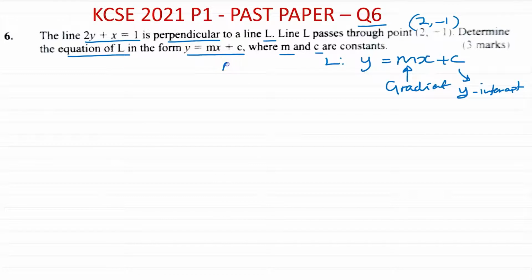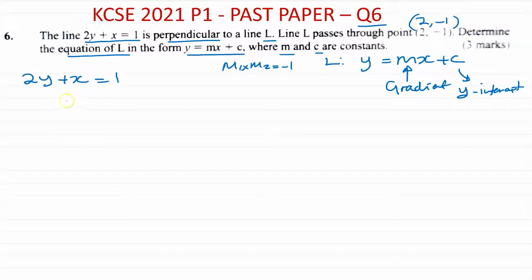You can also say m1 times m2 is equal to -1, which is exactly the same thing. So what we want to do is establish the gradient of this other line. The other line is given as 2y plus x is equal to 1.